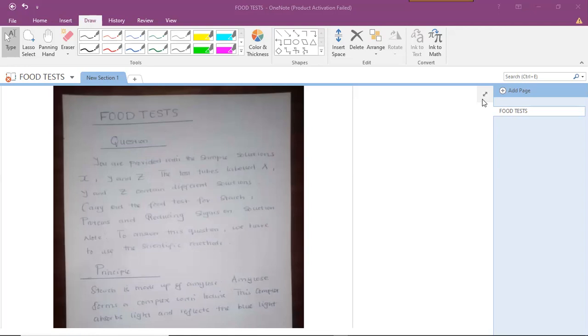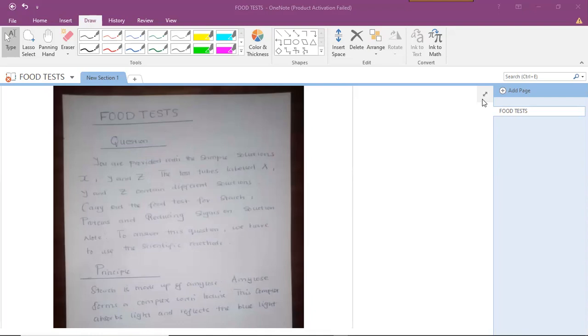So I'm going to split this biology practical series into three parts. The first part will be the food test, as you can see on the screen, and the next part will be introduction to scientific drawing, where you are given maybe a leaf or anything of that sort, and you have to draw what you see and be able to calculate the magnification from that using a specified formula.